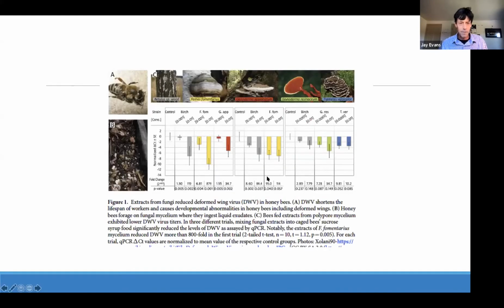Sorry, this is a very hard slide to see on a laptop, but the short answer is that in these cup cage studies, there were some extracts where, when the bees fed upon them, they resulted in lower virus loads. So there's a hint that some of these compounds may do that.